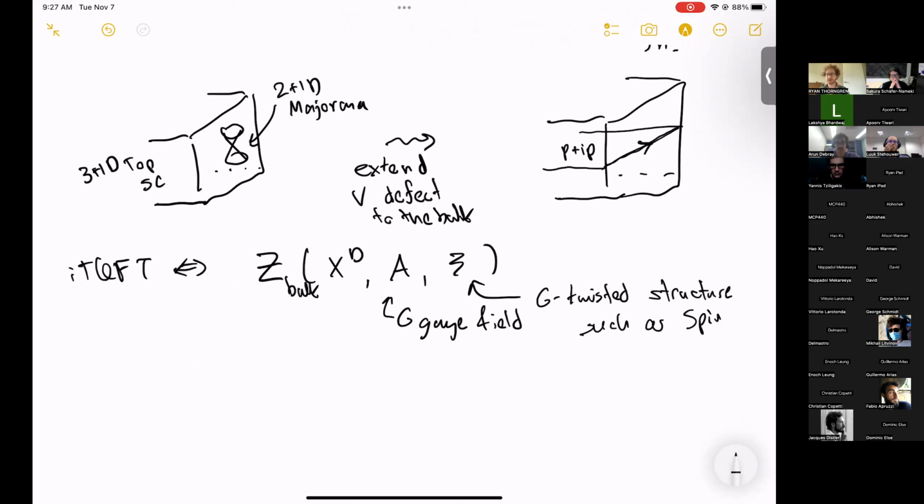And these are basically just complex phases.